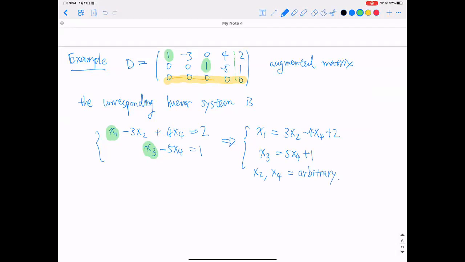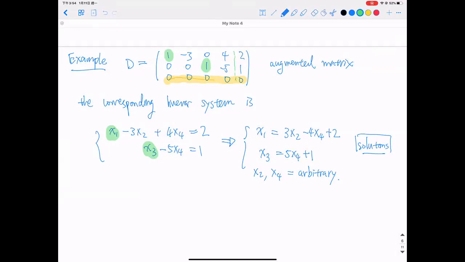This describes all solutions. Once you pick the values for x2 and x4, these equations give you the values for x1 and x3.